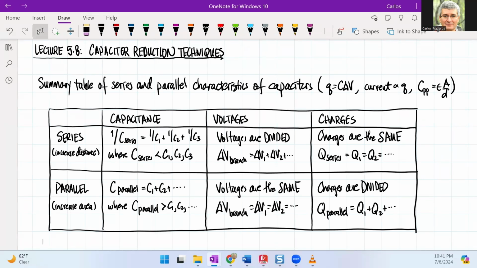So before we start looking at examples, I'm going to use this table heavily. Okay, so this is super important to understand.